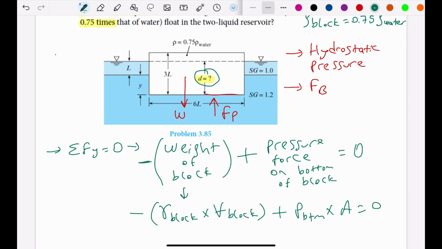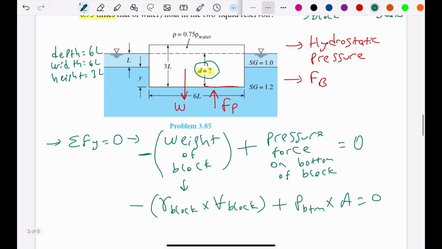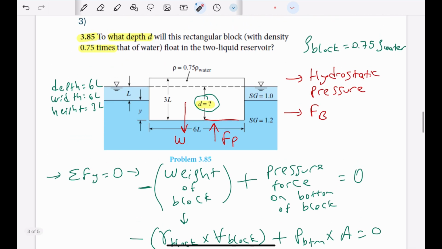So we have a depth of 6L with a width of 6L and height 3L. Here you can also use any other term because eventually it will be cancelled out. And we are assuming 6L because it is not stated in the question. So you can either assume 1 meter or it's up to you.